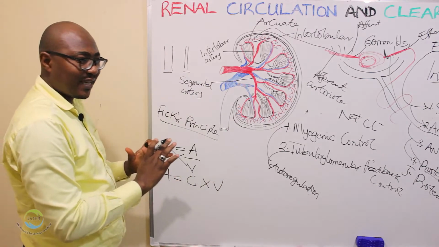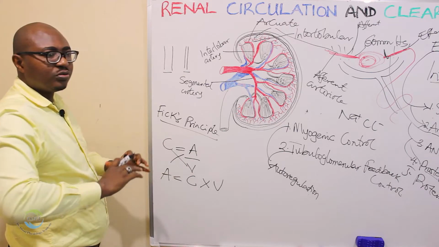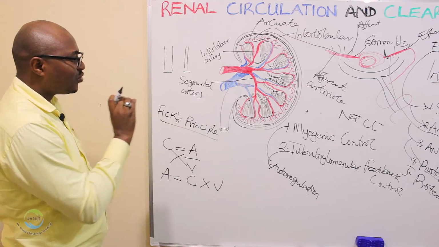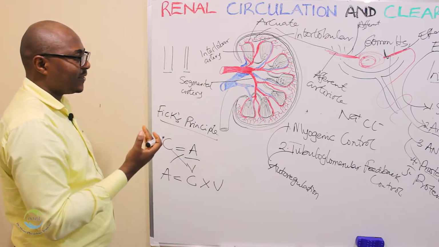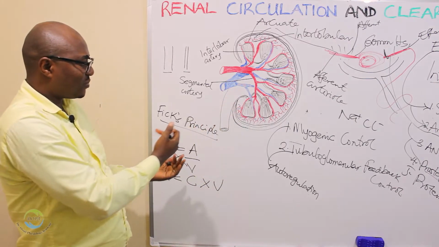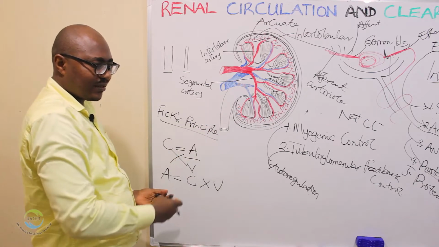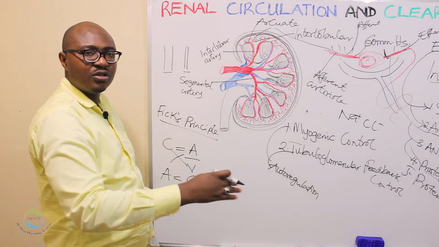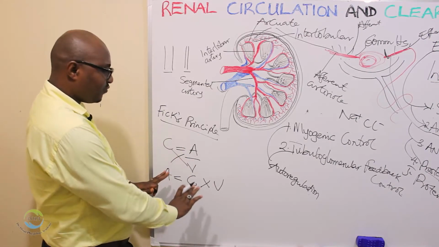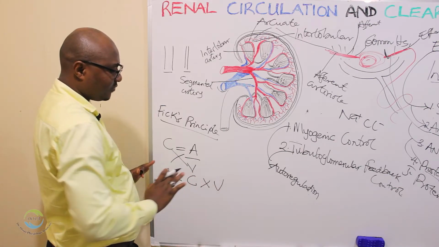We want to get an important formula. All right? So we will need to introduce a substance into the blood that will enter into the kidney. And then we'll measure that substance that flows out from the ureter to the urethra and out. So we'll measure the concentration of that substance.